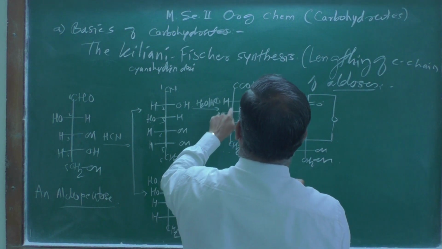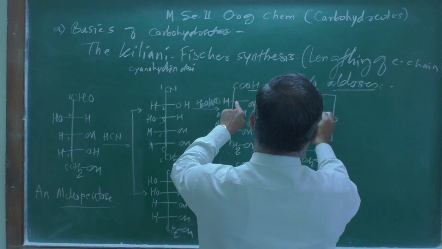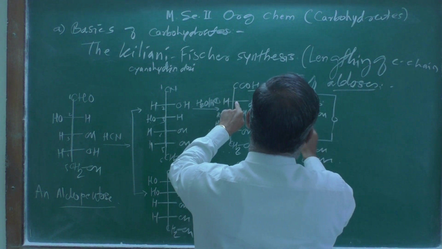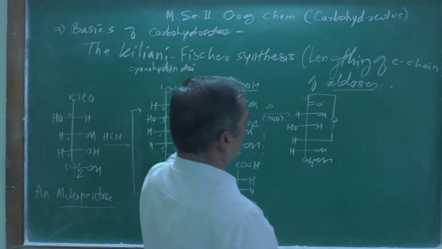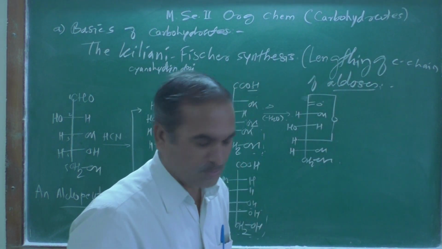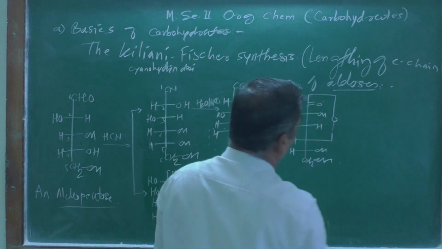Now this OH and this OH remain as it is, OH, H, and here HO and this H. So this form is known as a lactone.